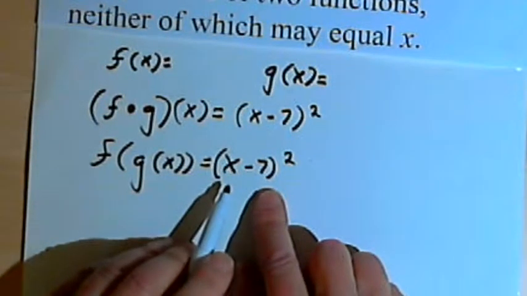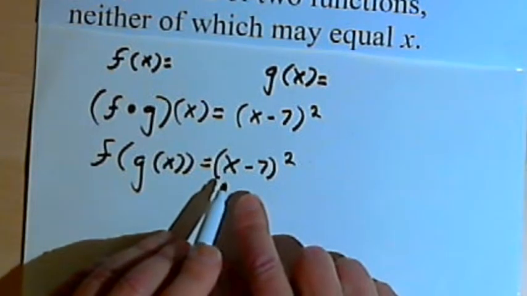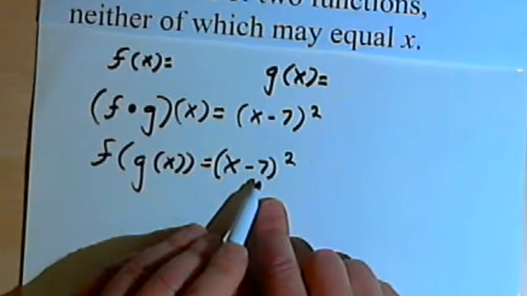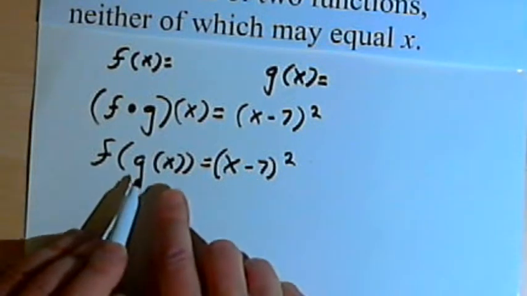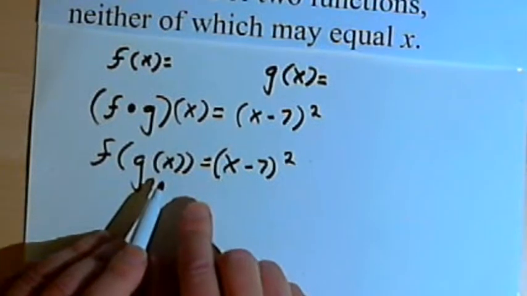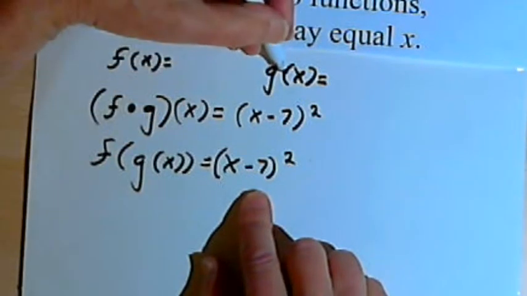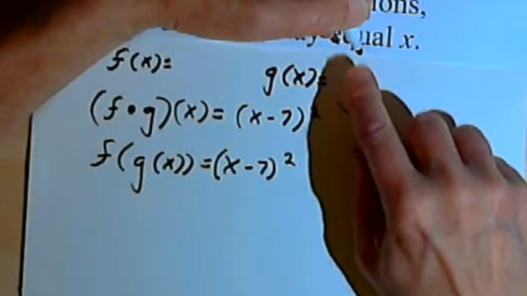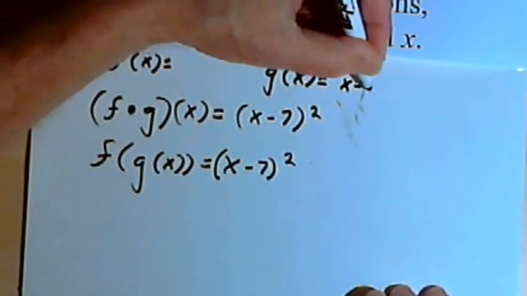Okay, so if we look at that (x − 7)², it looks like the first thing that happened to the x was 7 was subtracted from it. So the inside function, this g function, would have been g of x equals x − 7.